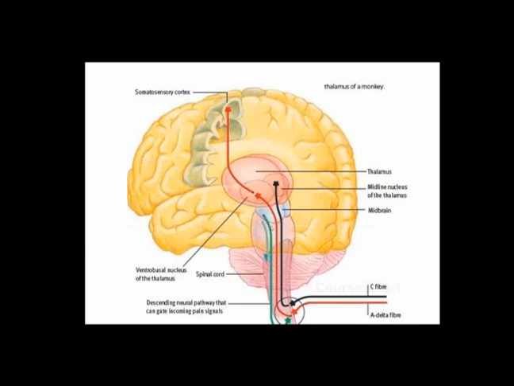And that's where this descending pathway comes in. Descending green here, a neural pathway that can actually help to block some of our incoming pain signals. We'll talk about that in just a few slides, but this is acting as a gateway to block those incoming signals.